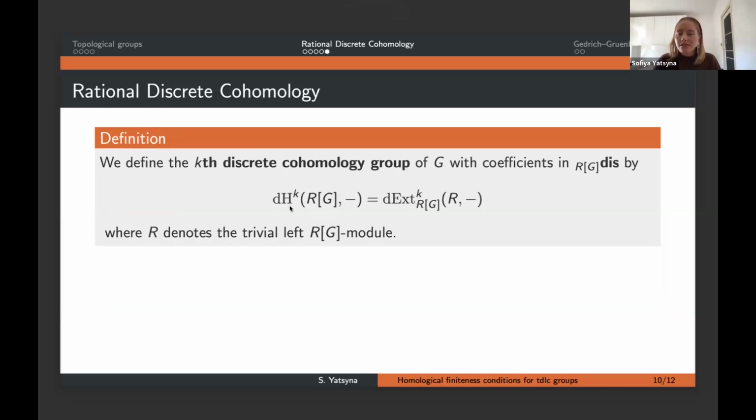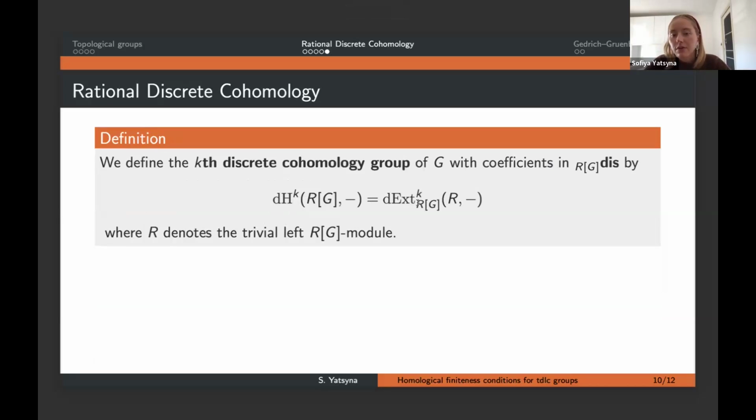So how do they define the cohomology? We take our coefficients from this RG-dis module, and it's defined in a similar manner to how we define regular discrete group cohomology, but we use D, our discrete functor. So the kth discrete cohomology group is D applied to Ext.